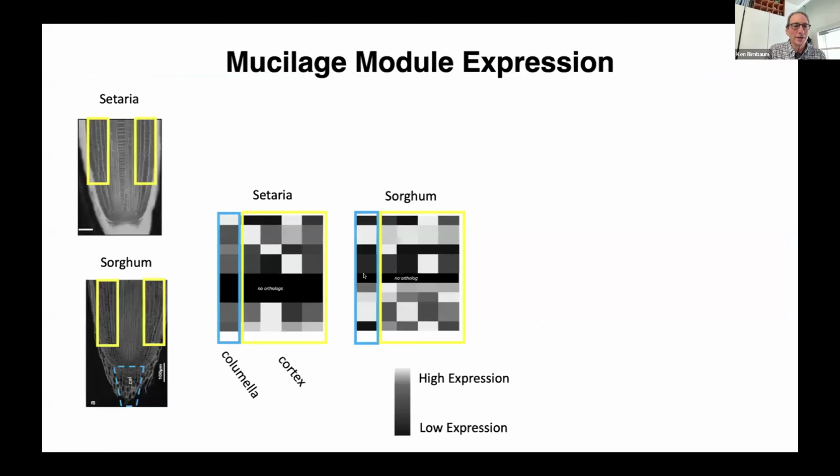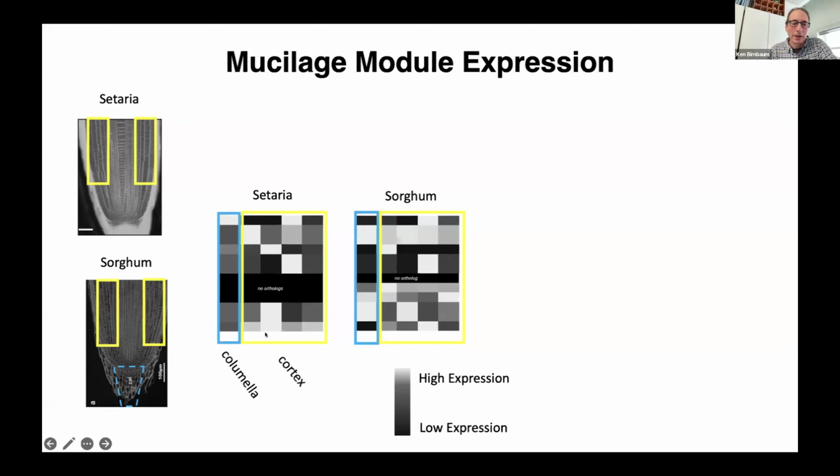And digging into this, one of those modules was a mucilage expression module, that is, mucilage genes that are involved in mucilage. And here's a heat map of their expression, and here are all the cortical cells. Here's the columella cells, the columella cluster. And you can see in Soteria that most of the mucilage is expressed here in the cortical layers.